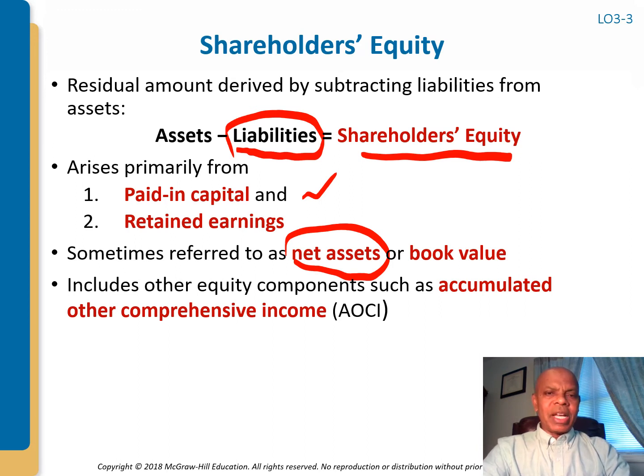That's the net assets. Okay, it also includes other equity components such as accumulated other comprehensive income, as part of the shareholders' equity. That's not going to be reported in the income statement, I mean, in computing net income or net loss, but it is reported in the shareholders' equity section.